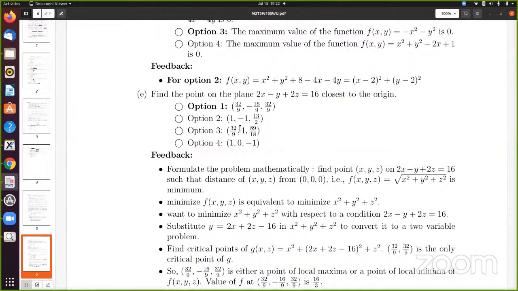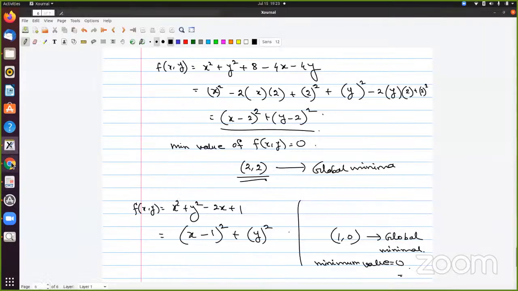Yeah. So now the problem is to find the point on the plane, whose equation is given, which is closest to the origin, right? So basically what are we trying to do in this type of problem? Are we trying to find the perpendicular distance?